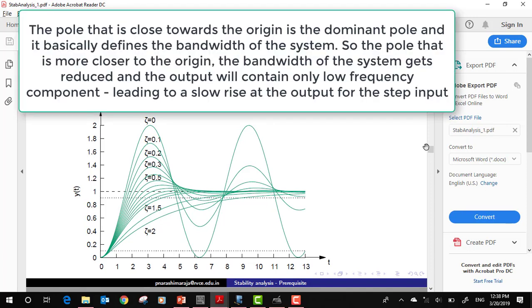As the value of zeta goes all the way from 0 to 2, the response for 2 is much slower than the response for zeta equal to 1. We can actually plot it and see. That is because the bandwidth of the system is defined by the pole that is located closer to my origin, not the pole that is sitting in between.